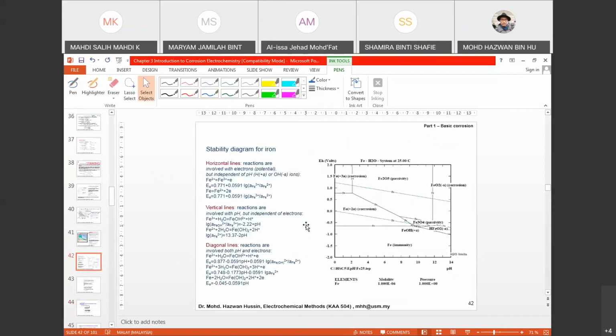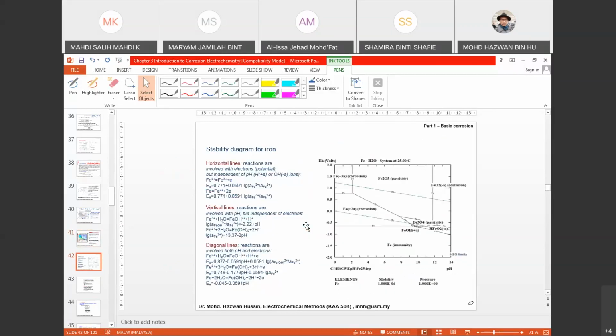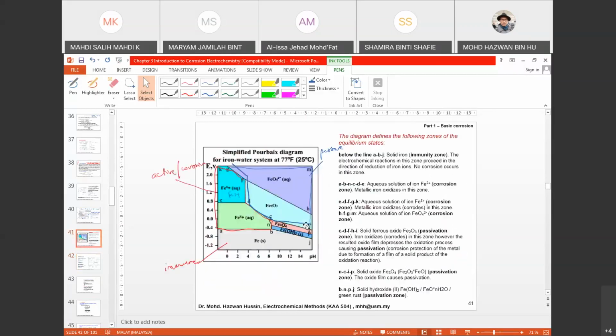Actually, it's the same thing, just to explain about the formation of different types of rust at different pH and also potential, but probably just to relate with the Nernst equation. This is not something that you have to remember. I mean, just for your information only.